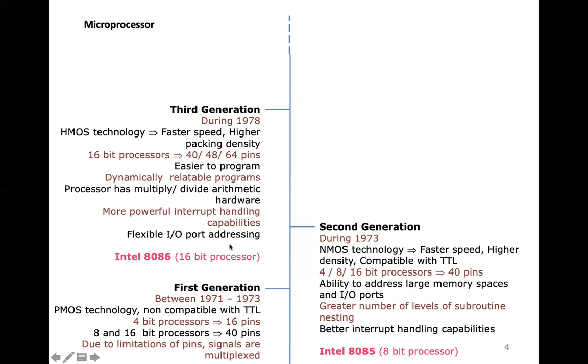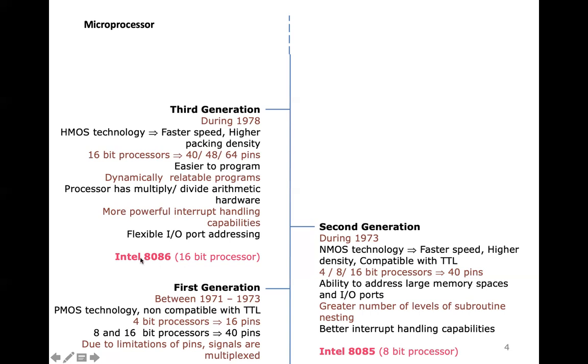Then the third generation uses HMOS technology, high-performance MOSFET, and this is the 16-bit processor, the Intel 8086. This is the third generation processor in our syllabus.